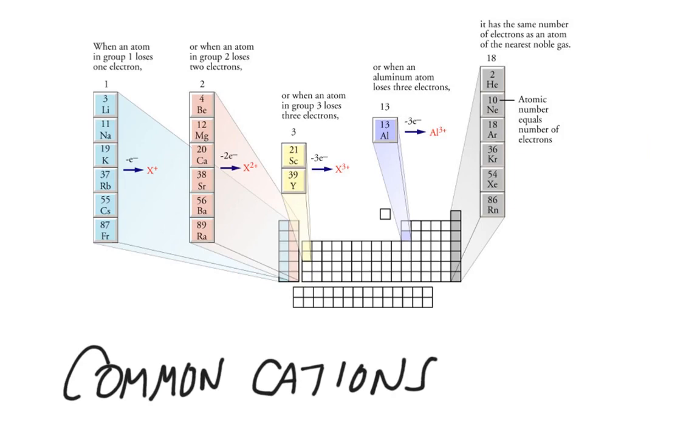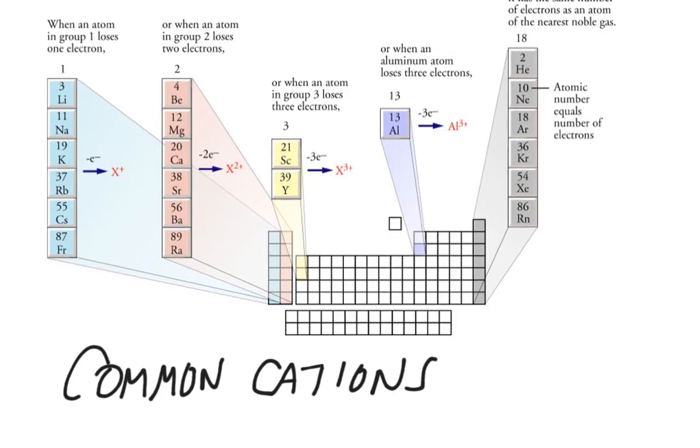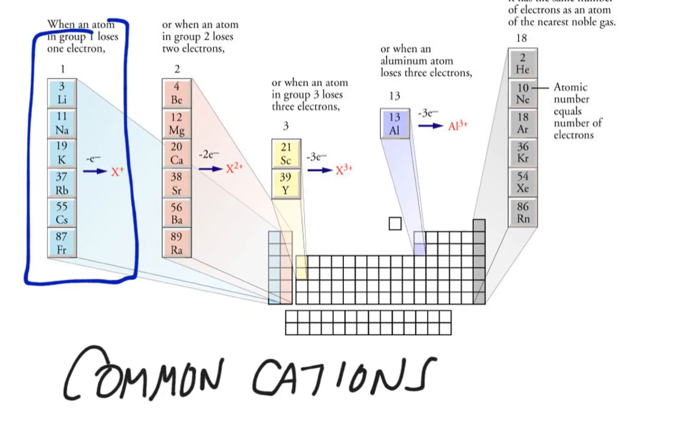This chart right here shows a depiction of how the different cations are formed. All of the group 1A elements, as part of the periodic table down here, have one valence electron.